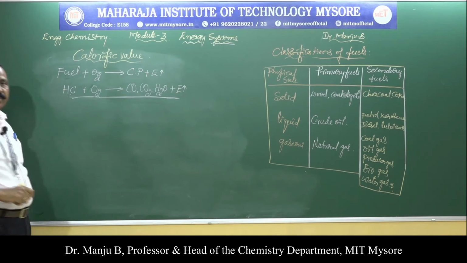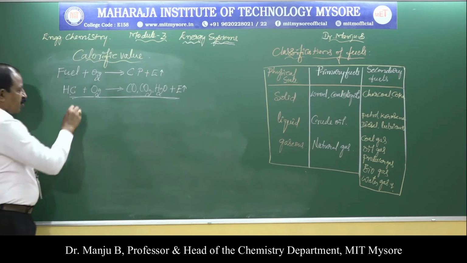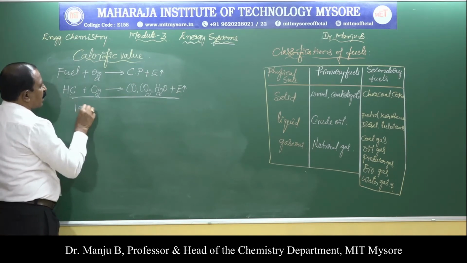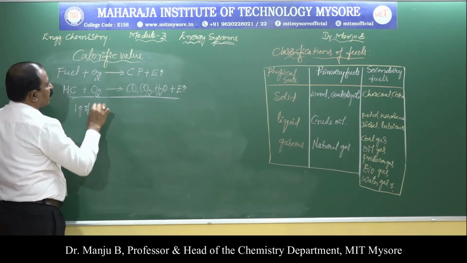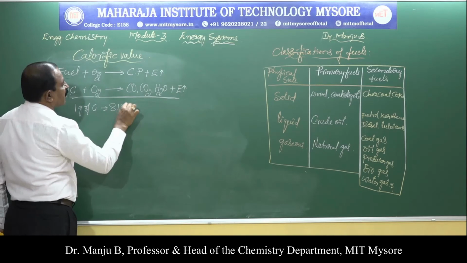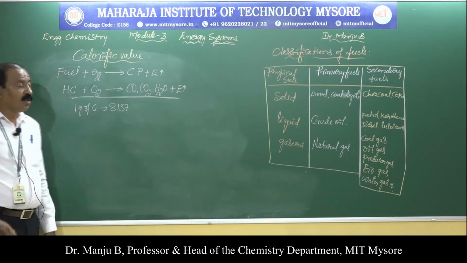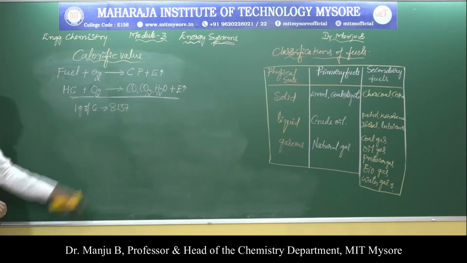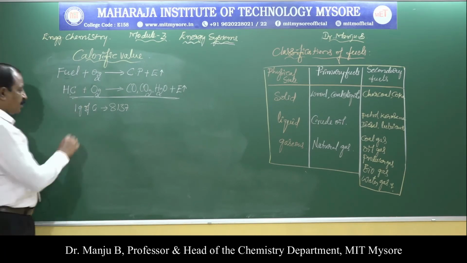Suppose you burn 1 gram of carbon, it gives 8137 calories of energy. 8137 calories of energy is released if you burn 1 gram of carbon in the fuel.